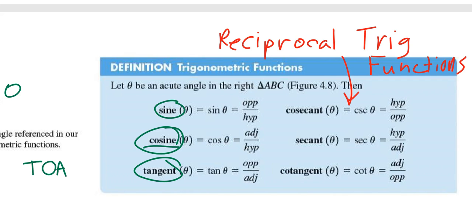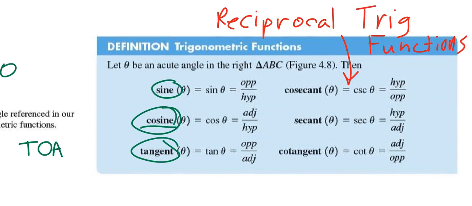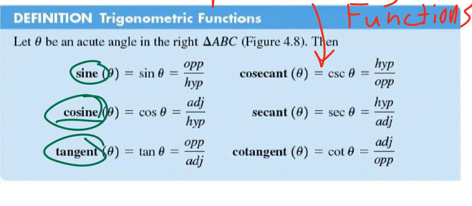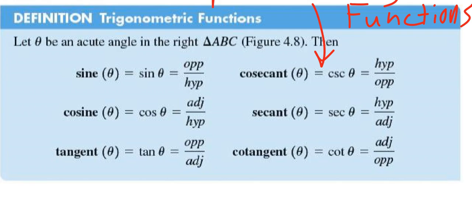Sine has its own reciprocal, and it's pronounced cosecant.